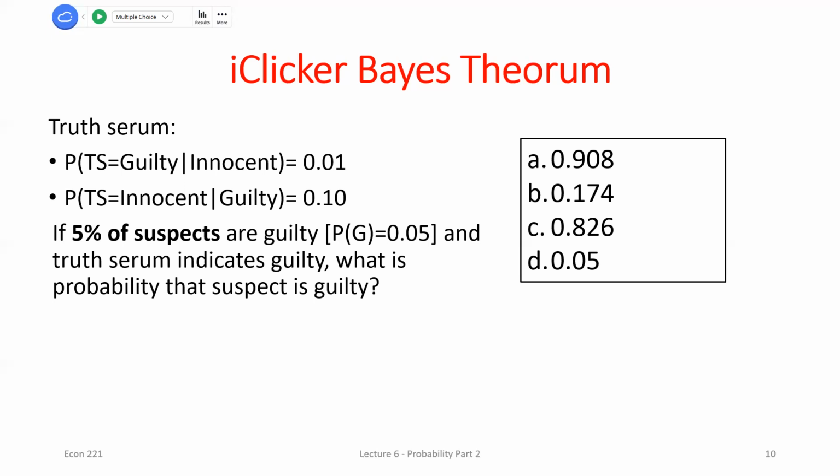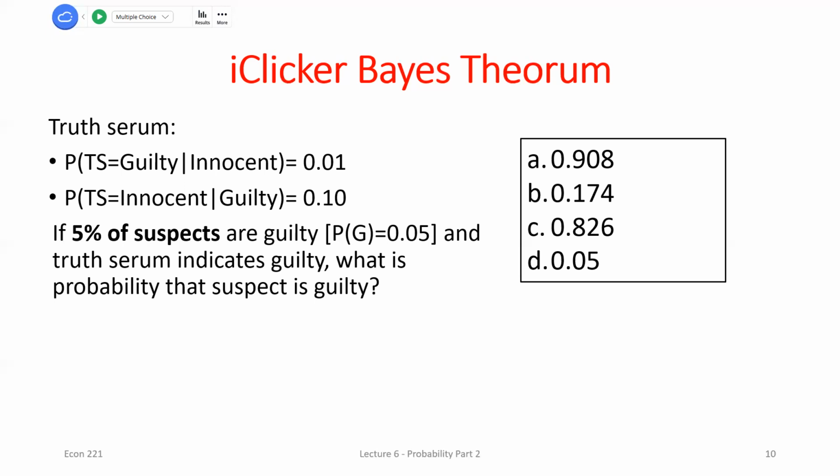Before we had found 0.174, so the probability we're looking for now is whatever gets us up to 1, or 0.826. Okay. Can you solve it by plugging the numbers into Bayes' theorem?